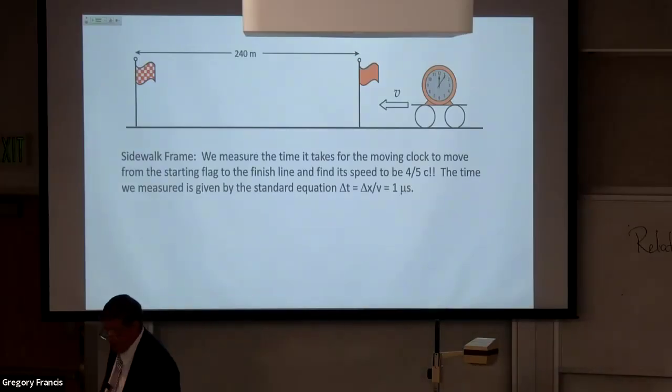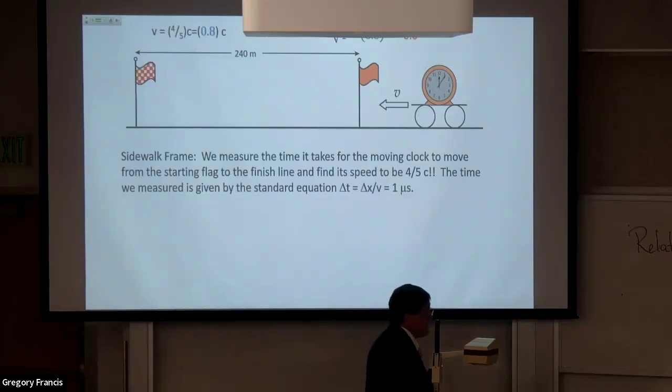We would say that it should take that cart, I just take the distance it travels, 240, divided by the speed, 4/5 the speed of light, and I get 1 microsecond. I say it should take 1 microsecond to get through from flag to flag.